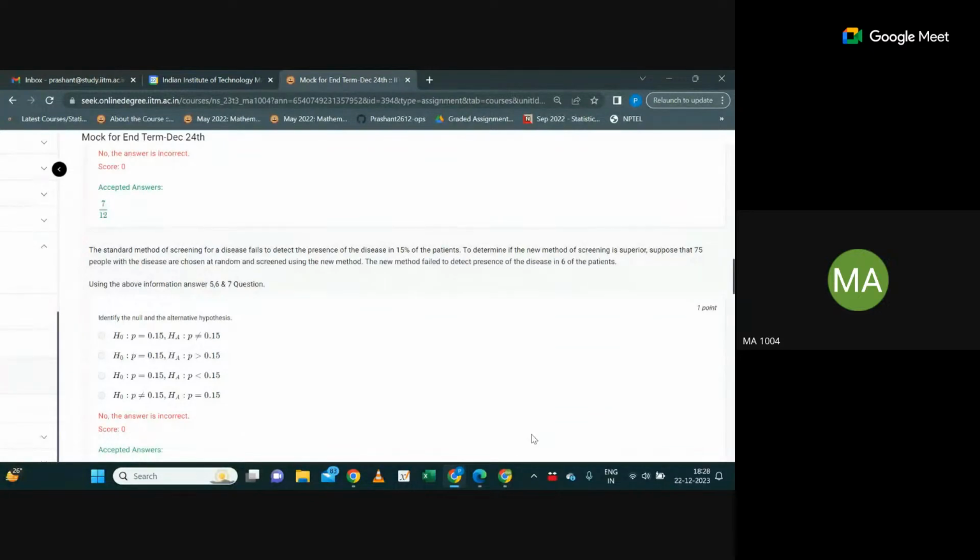We are defining the hypothesis because we are claiming something. For example, suppose I have a manufacturing company, manufacturing some medicine bottles. I'm saying the defectiveness of a particular medicine bottle in my company is 0.10, I mean 10%.